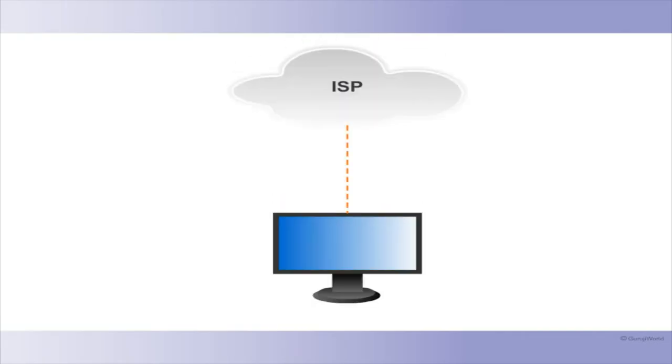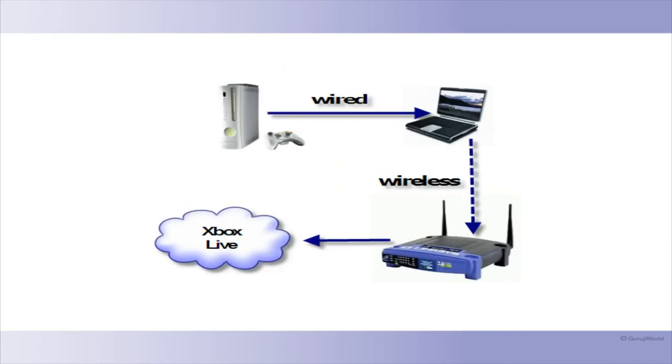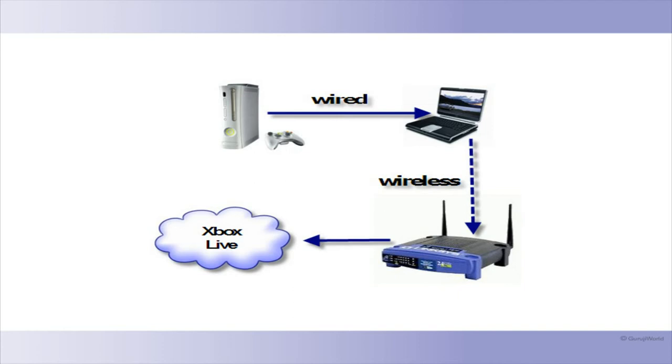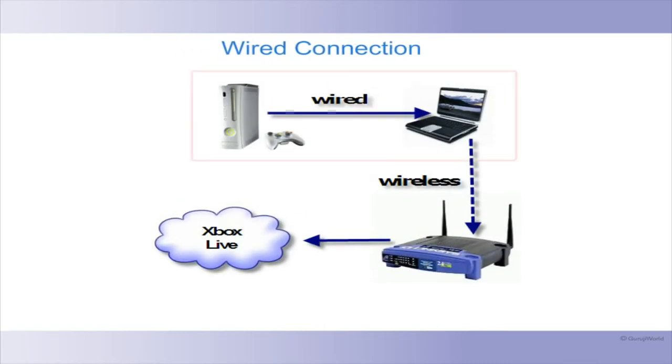To use the Internet, you must connect your computer to the ISP, that is, the Internet Service Provider, by using any one of the connecting media, like a wired or wireless connection. We will study both types one by one. Wired connection. Nowadays, computer motherboards are equipped with an Ethernet or network adapter.